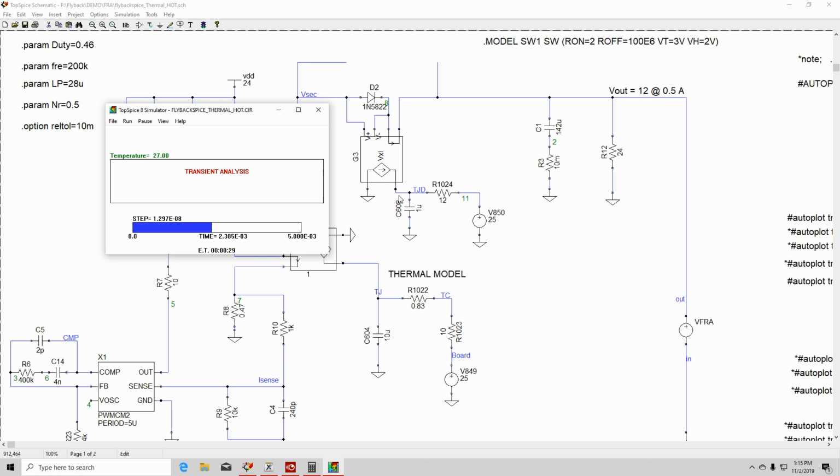And I'm also monitoring the temperature of the junction of the 5822. And what I'm really looking for are two things: is the voltage output going all the way to 12, and what is the temperature of the junction of the primary transistor.